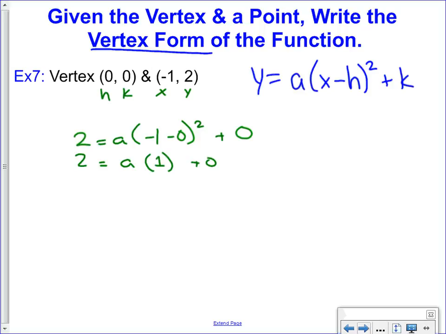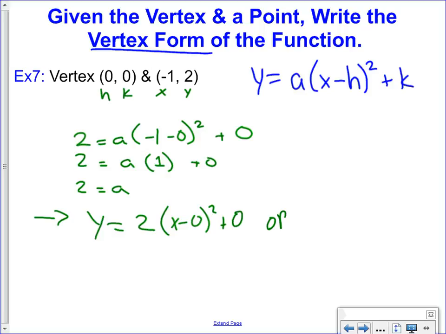So a is 2. The general equation would be y equals 2(x minus 0) squared plus k. k is 0, isn't it? Plus 0.